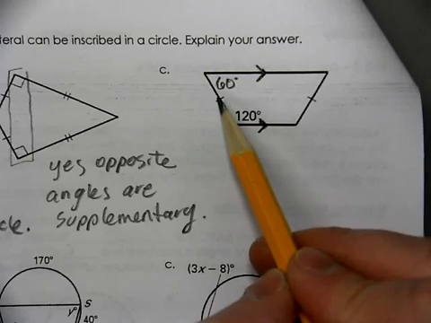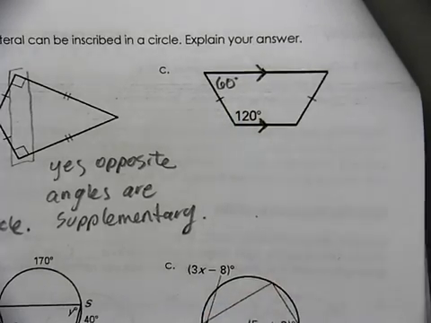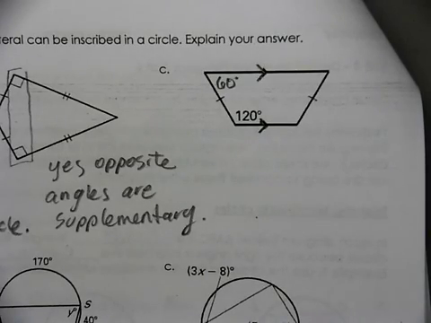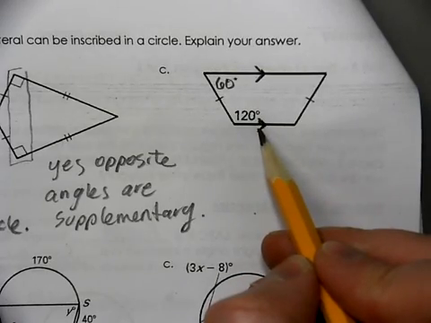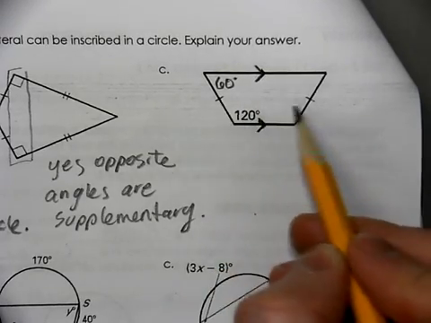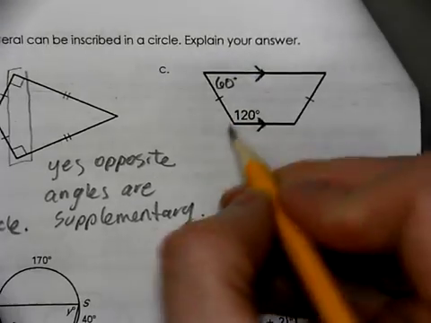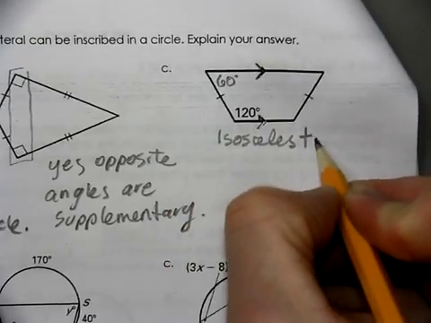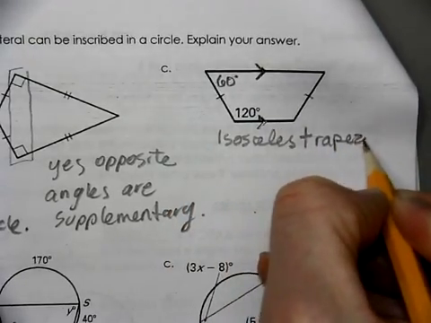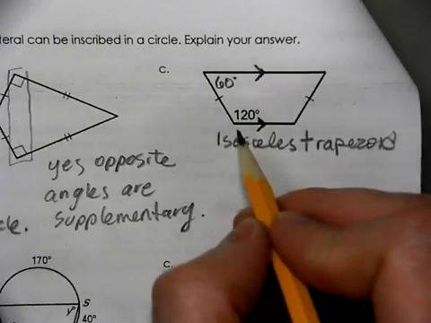So now, what shape would this be called? We know that it has one set of parallel sides, has a pair of congruent, what we call legs. It's a trapezoid, so it's an isosceles trapezoid.